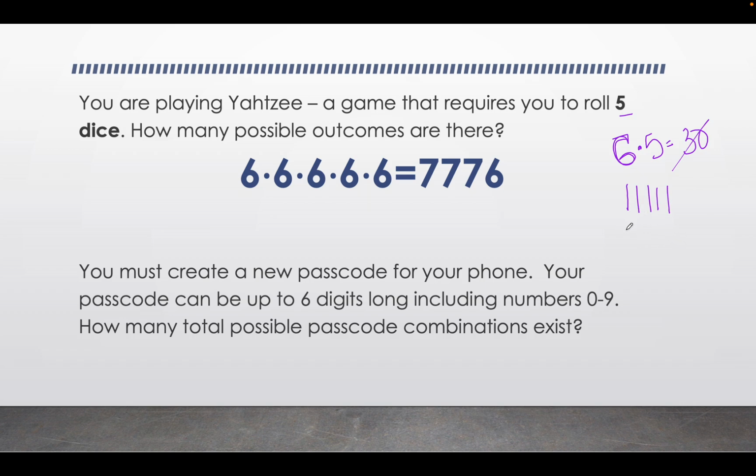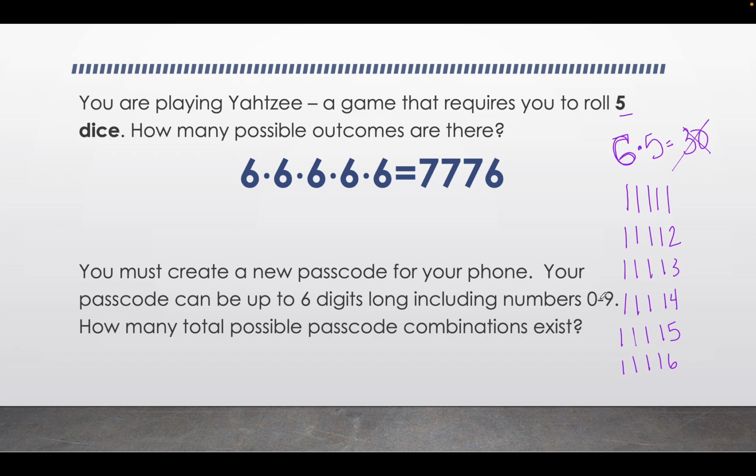If I repeat that with keeping everything the same except changing the last one to landing on a 2, and then again changing the last one to a 3, a 4, a 5, and a 6, that's already 6 possible outcomes with only changing one of the 5 dice. So you can see that 30 is not nearly enough to account for all of these dice showing all the possible outcomes.